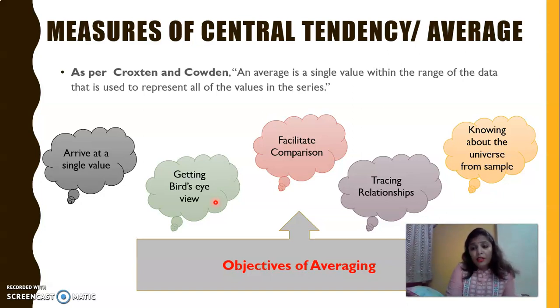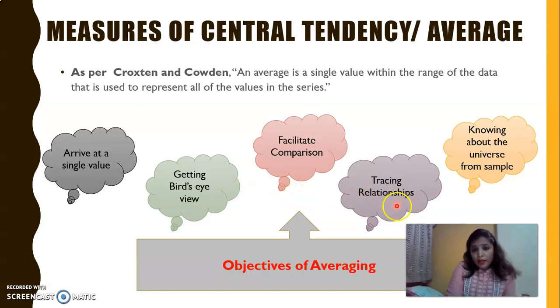So that 15 indicates that the majority of the students have scored marks somewhere around 15. That could be lesser than 15, that could be higher than 15. So it indicates to me that the performance is not good, because the total score was 50, but if I calculate the average, it is coming to be 15. So which is very less, not even 50% of the marks.